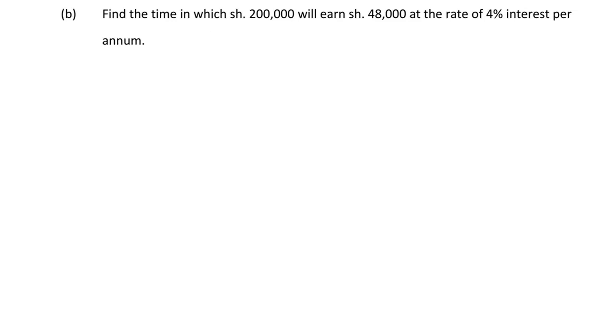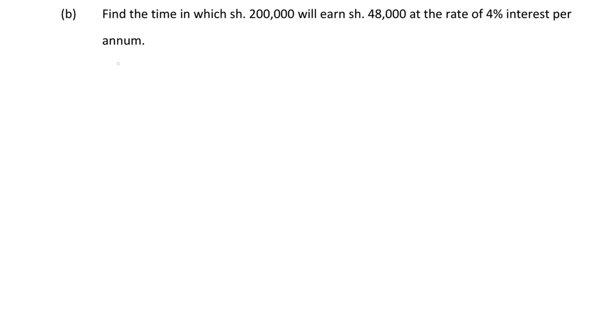For part B, find the time in which shillings 200,000 will earn shillings 48,000 at the rate of 4% interest per annum. Okay, so this is a simple interest problem.